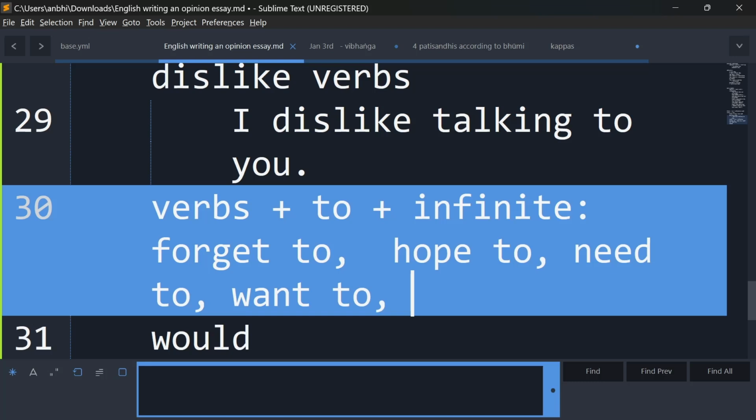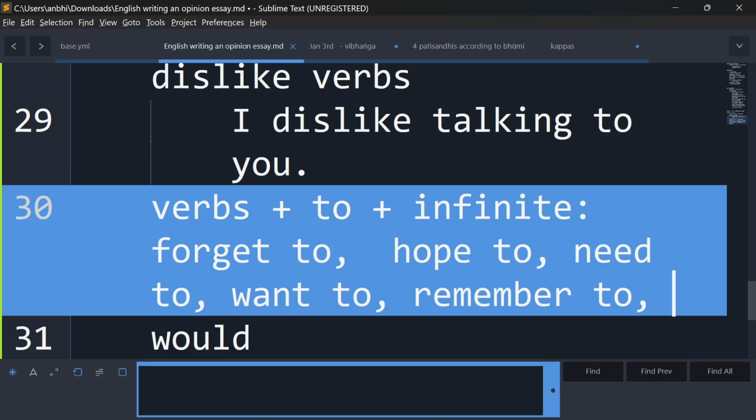Would like, okay, I'll put would like as a separate topic. Would like to. Remember to. Want to, need to. Start to. Come to, then, no, it's come to work.